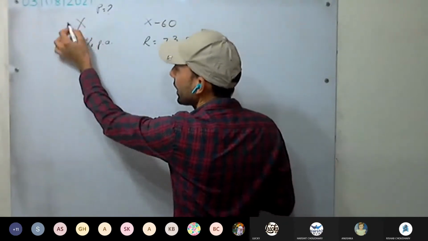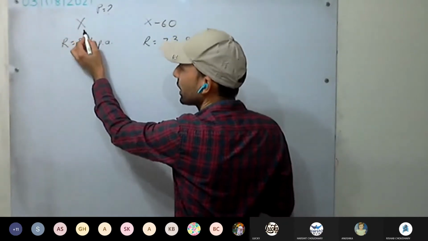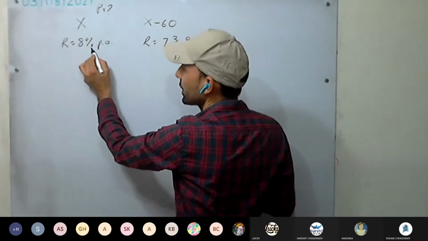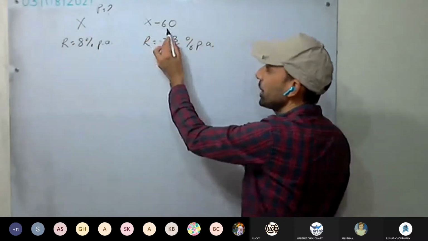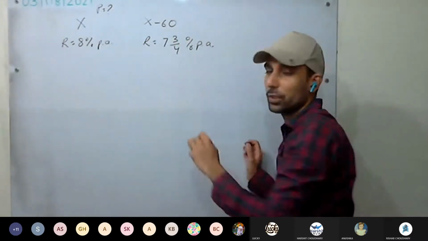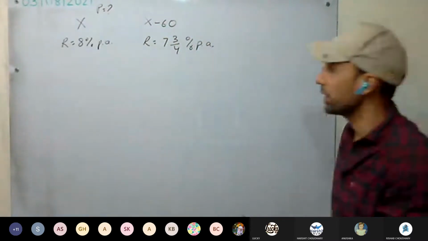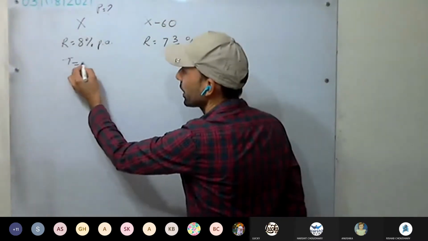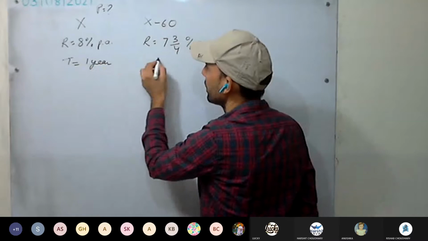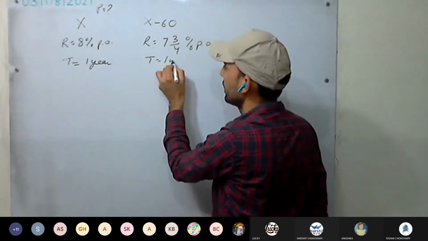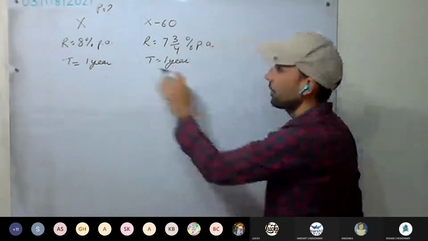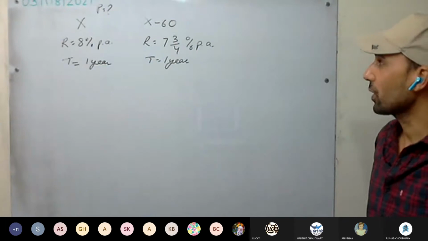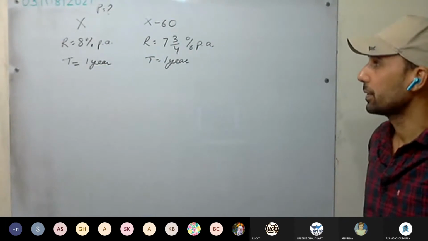This is the income of the moneylender when the rate of interest was 8%, and this is the income when the rate of interest is this much. So time we can take 1 year, yes or no? Every year's income, so time we have to take 1 year. Now can you calculate what will be the principal?